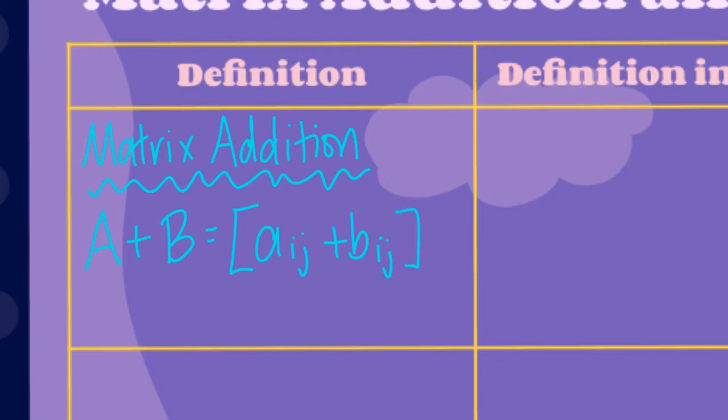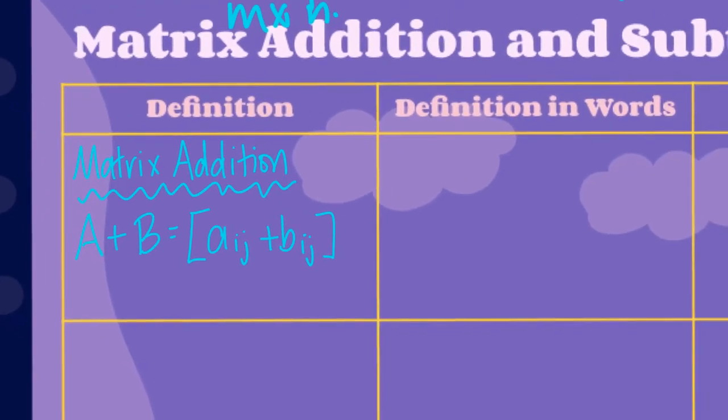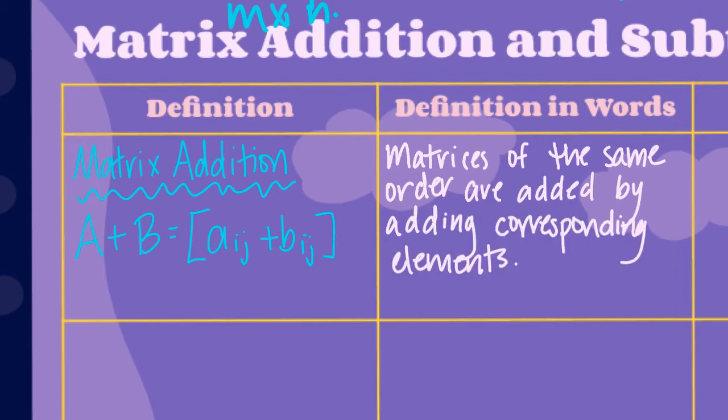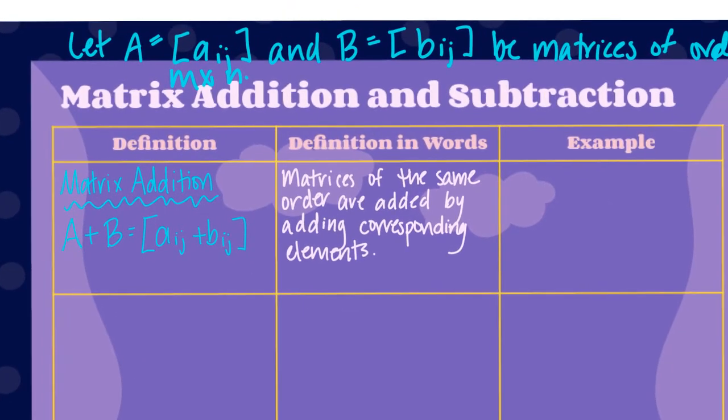And what that really means, if we are looking at defining this in words, is that matrices of the same order are added by adding corresponding elements. So let's take a look at an example or two here.